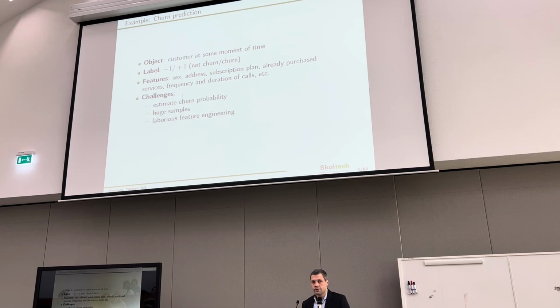And it's obvious that if the customer doesn't use services of the company often, then with high probability the user can churn. So, depending on the values of these features, the probability of the churn can be high. So this problem of churn prediction can be formulated as a binary classification problem.